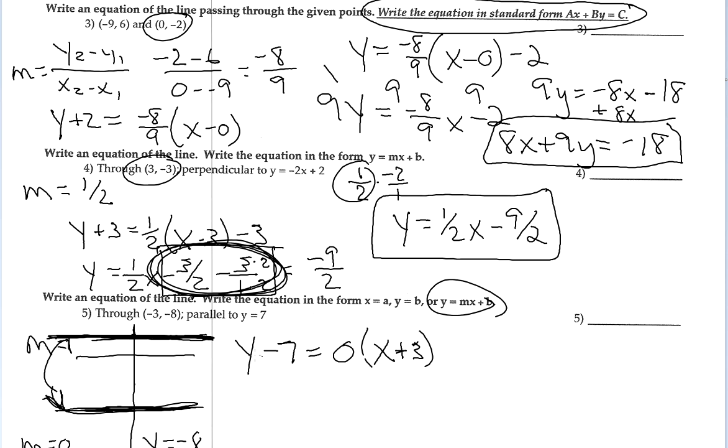Okay, and as you can see, if I'm going to figure out what's going on with this problem, through -3, parallel to y equals 7, so that's my slope. Oh, but it's -8, not -7. I want this ordered pair. So this would give me +8.